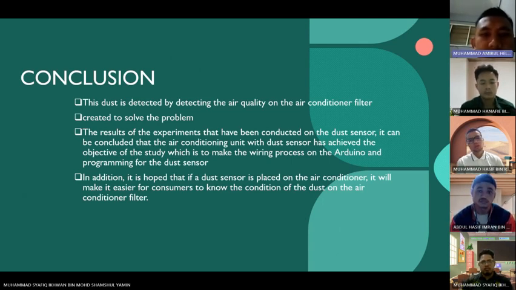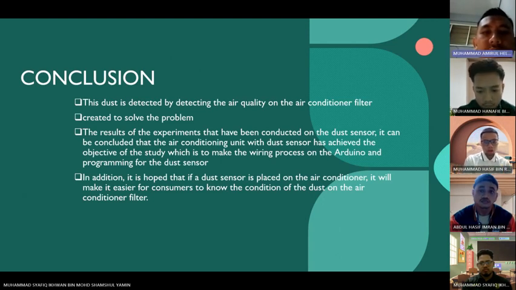From the results of the experiment conducted on the dust sensor, it can be concluded that the air conditioning unit with the sensor has achieved the objective of the study, which is to make the wiring process on the Arduino and programming for the sensor. In addition, it is hoped that if the sensor is placed on the air conditioner, it will make it easier for consumers to know the condition of the dust on the air conditioner filter.